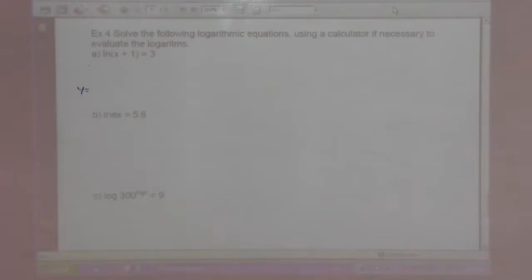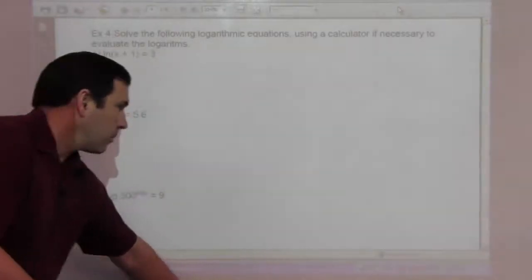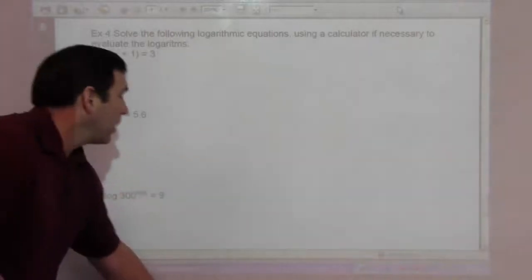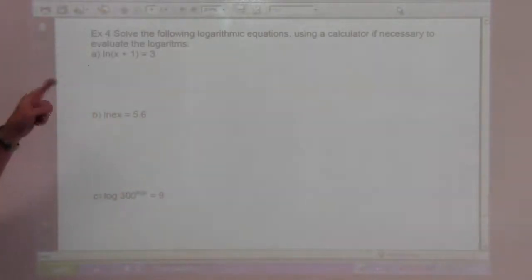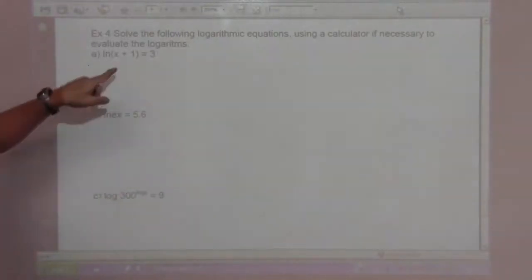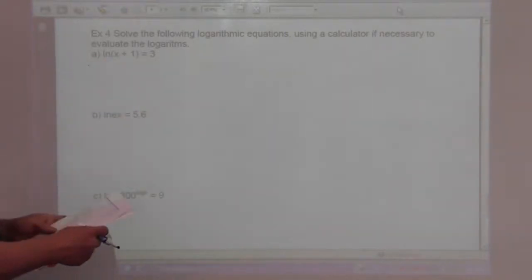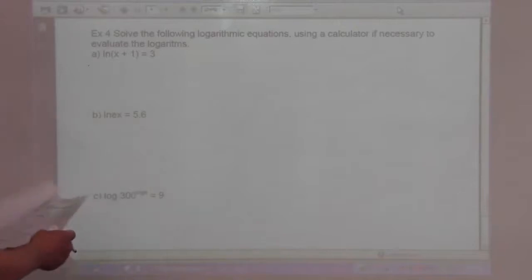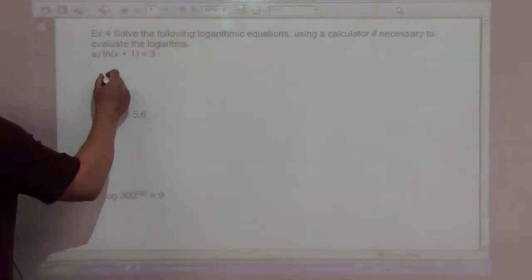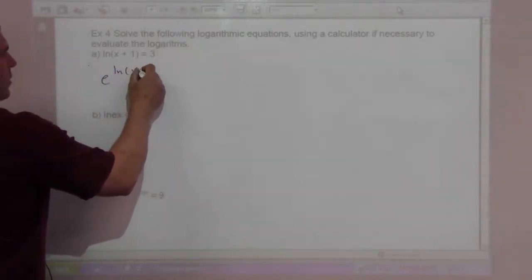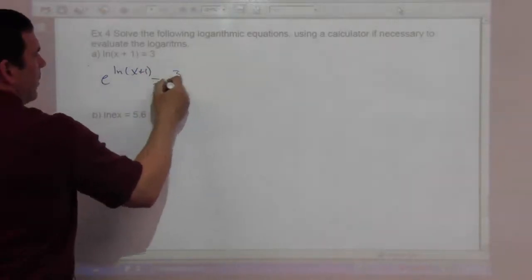Okay, our last page from this section. Solve the following logarithmic equations using the calculator if necessary to evaluate the logarithms. Natural log of x plus 1 equals 3. Okay, we want to undo that. So we'd say e to the natural log of x plus 1 equals e to the 3.